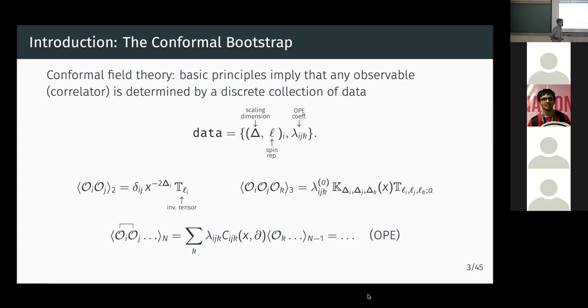You said discrete, right? Is that a limitation of bootstrap? Yes, that's a very good point. For example, in something like Liouville theory, you have a continuous spectrum.